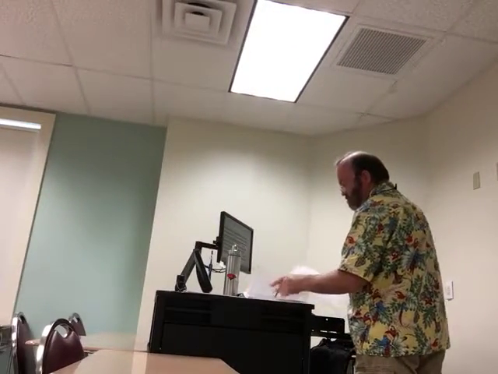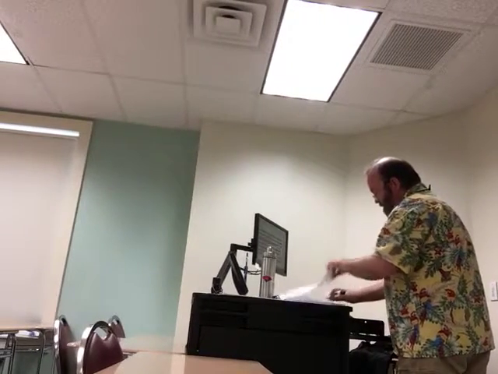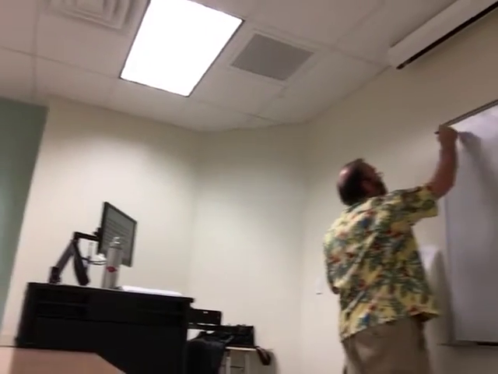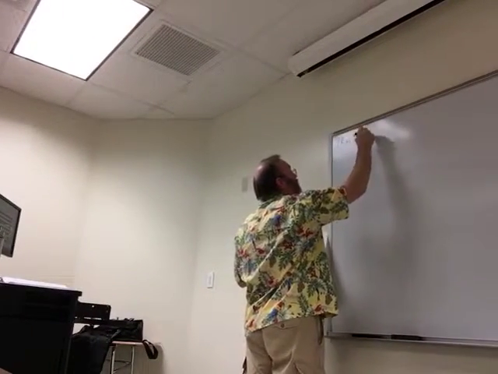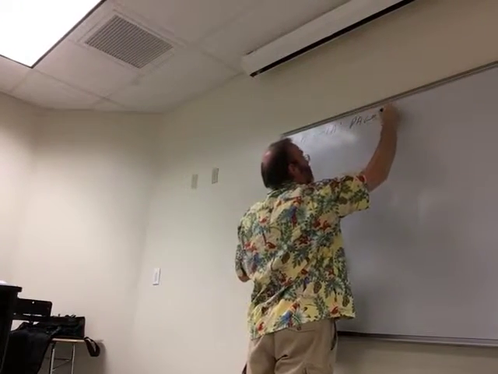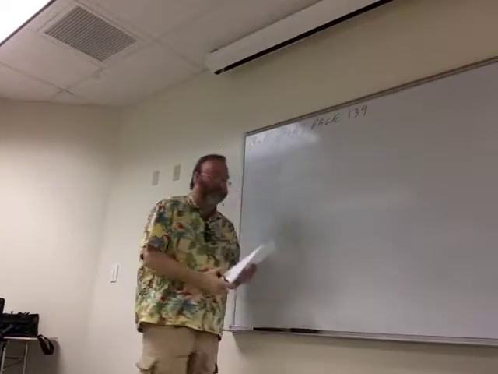Let's start with problem 3-1A on page 139. On this one, it says on March 31st, 2016, the following data was accumulated to assist the accountant in preparing the adjusting entries for Potomac Realty.